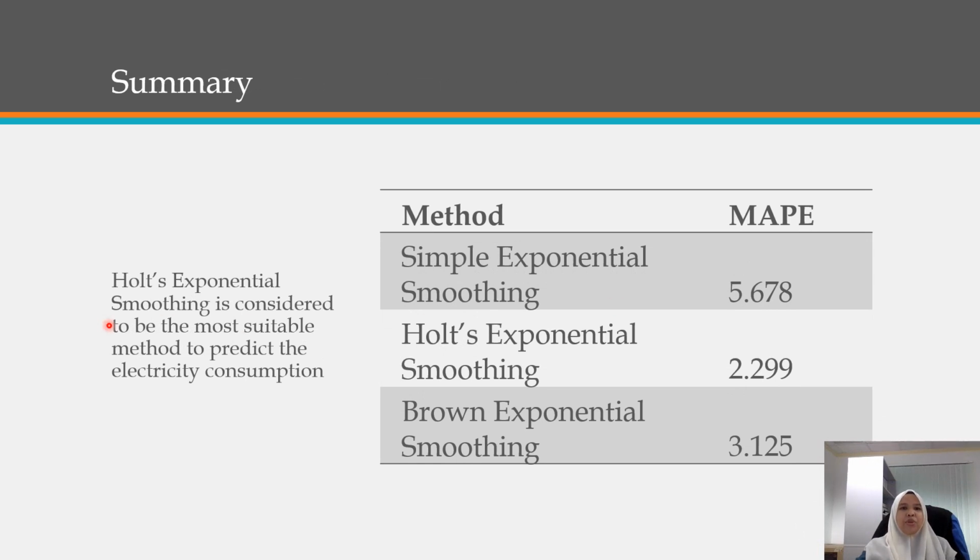So as a summary, we can simplify that MAPE is the best, as I mentioned in the previous slide. MAPE will be used in this study, and we compare all the methods by MAPE, and the lowest score would be the best predicted method, and it is Holt exponential smoothing.